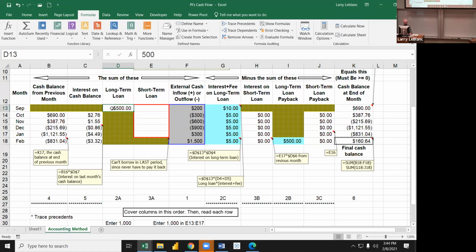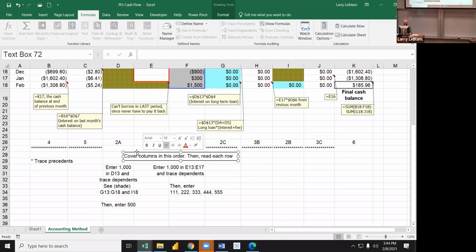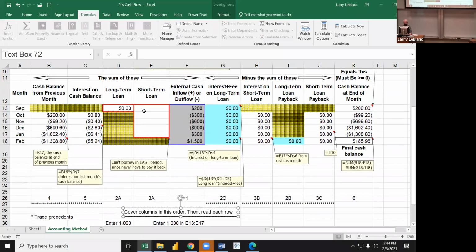Let's zero that out so we can concentrate on, we got 1, we got 2A, 2B, and 2C. Let's look at 3A and 3B now. The short-term loans. Suppose we borrow 1,000 in each of the months of the horizon.